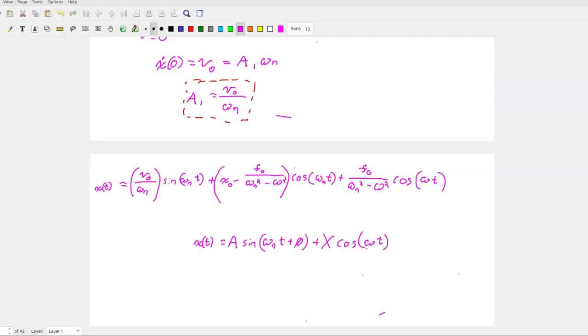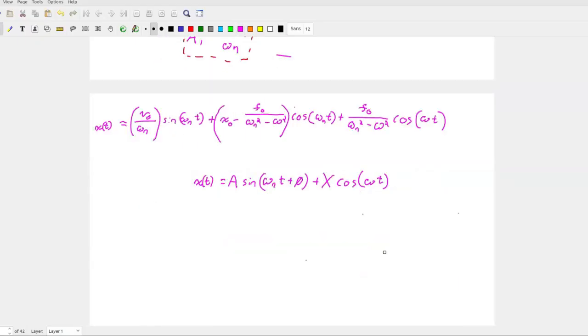Now I need a value for my A. If we go back and look at the triangle, Pascal's triangle, we can build out a value for that A. And that becomes capital A is equal to very large radical, v naught over omega n squared plus x naught minus capital X, that whole term squared.